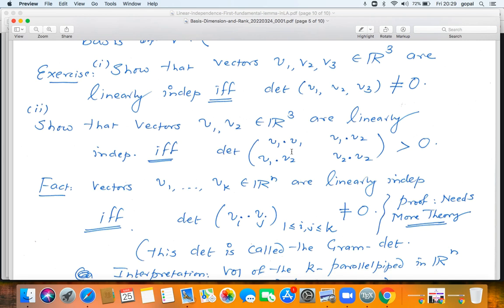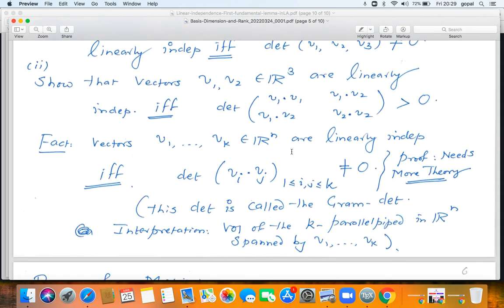Now you might wonder, can this be generalized? It's a general fact that if I take k vectors in Rn, then these k vectors will be linearly independent if the determinant of Vi dot Vj, where I take the dot product of Vi and Vj and let i, j vary between 1 to k, gives a symmetric matrix, and you take the determinant and look at its value.